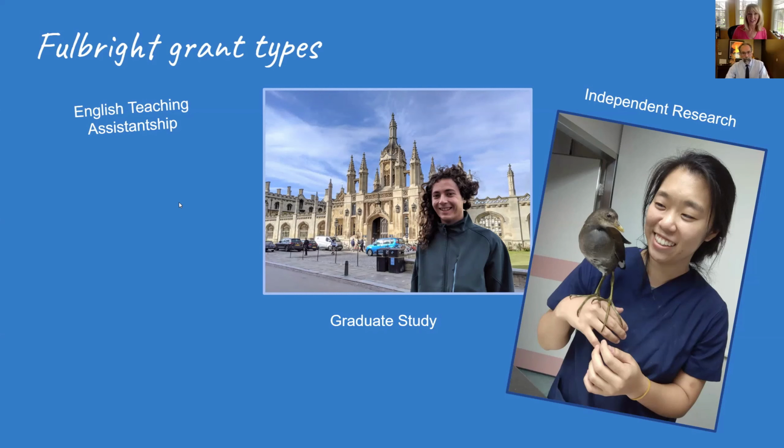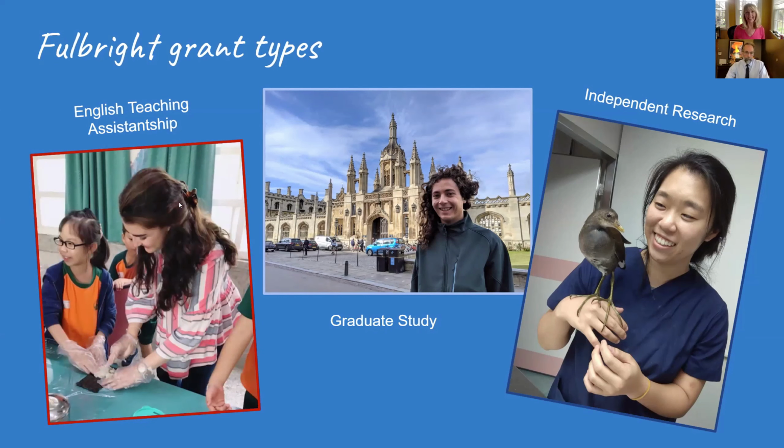And then finally, the grant that you're here to learn about today is the English Teaching Assistantship, or as we often refer to it, the ETA. And that is a job, really, in which you enter a classroom and other venues to share your knowledge of English with people who want to learn that language in other countries. This is the most popular grant in the Fulbright program, in that it's the grant for which they offer the most spots.